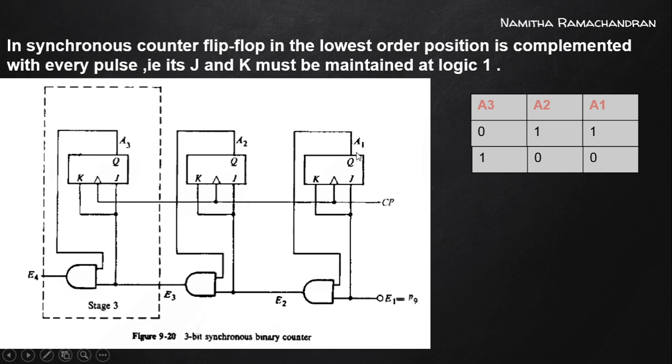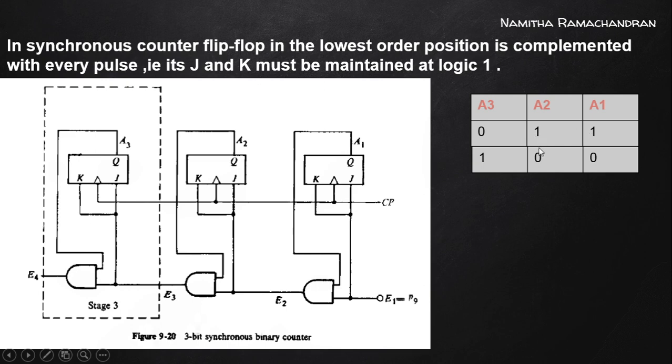Okay, so now consider this value. This is 1 here. In the present state, A1 value is 1. That 1 value is logically ANDed with the control variable P9, which generates E2. This E2 decides whether to complement this A2.